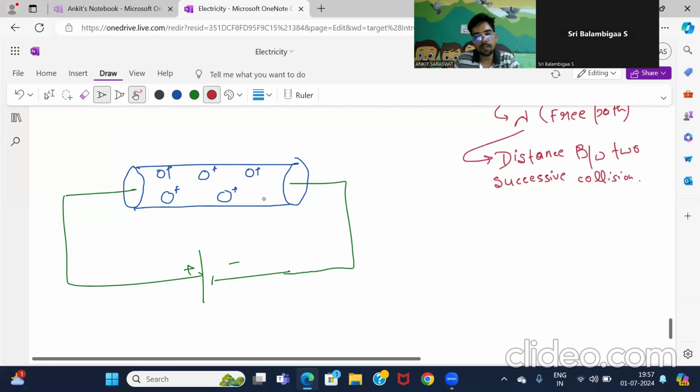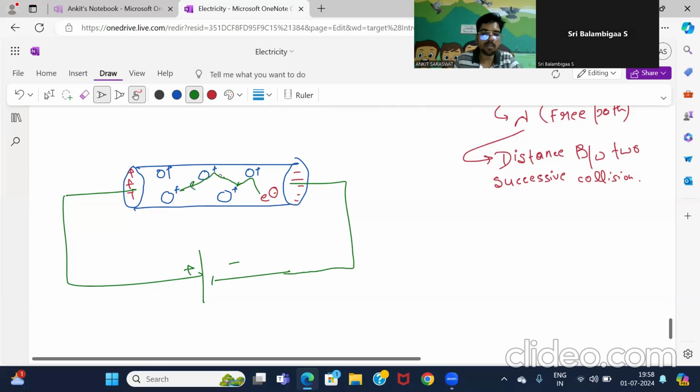And electrons are moving. You just apply here plus, here minus, because of the battery. This plus will attract this electron, but it is not in a straight direction. It will collide, again change its direction. Again, it is going like that.